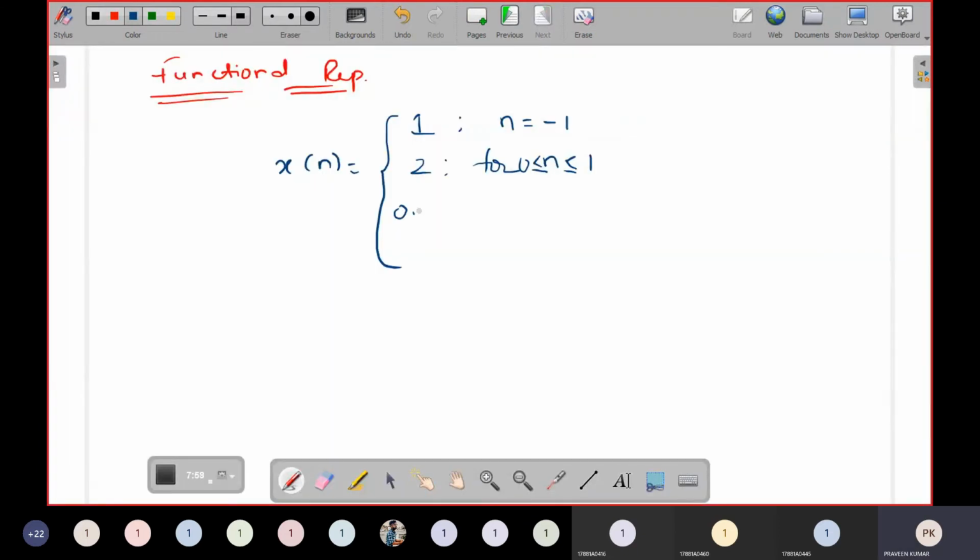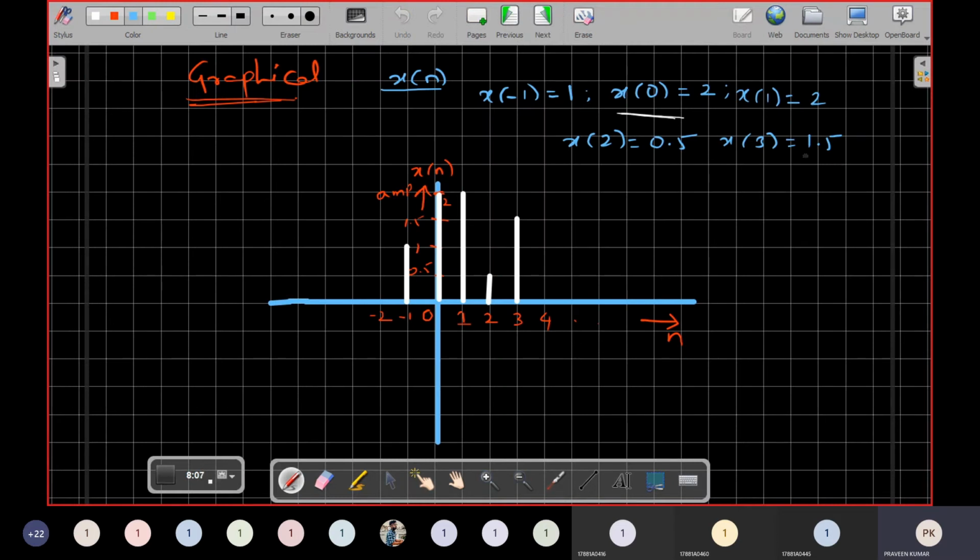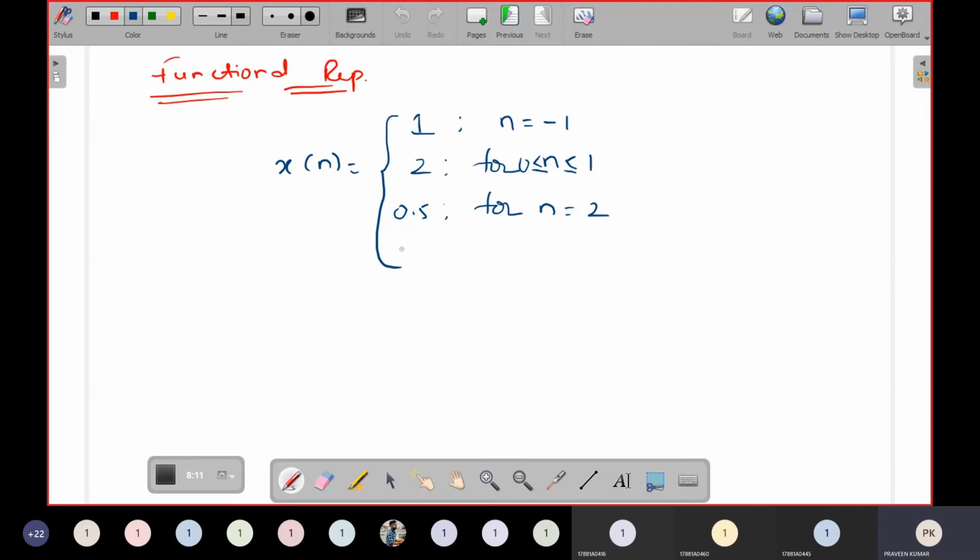And the last one, the amplitude is 1.5 at n is equal to 3. This type of representation is simply called functional representation.